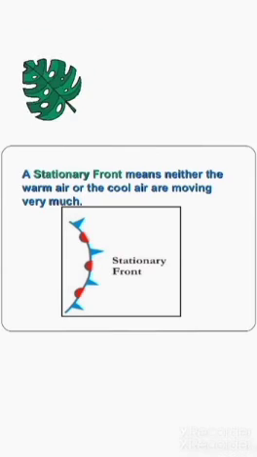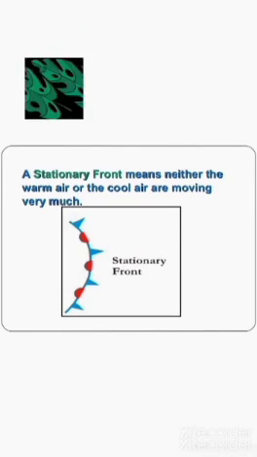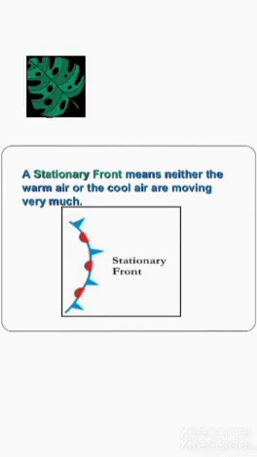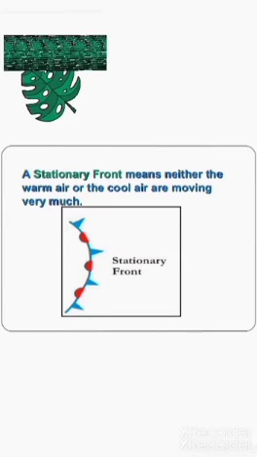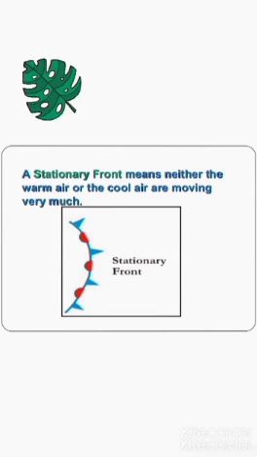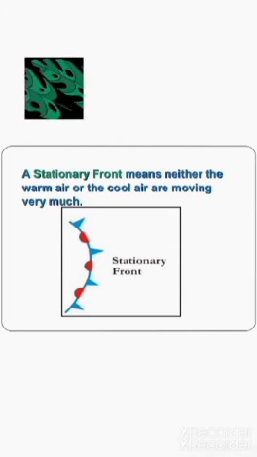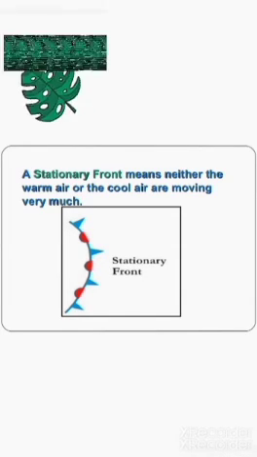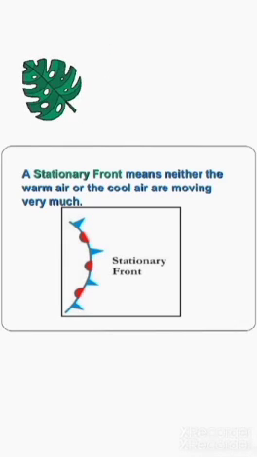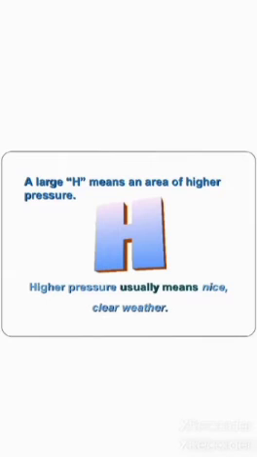This symbol is a stationary front, which represents those areas where there is neither warm air nor cooler air. This symbol will more likely represent those areas where there is more clarity and less movement of the air. As you can see, here is a large H written, which means an area of high pressure.